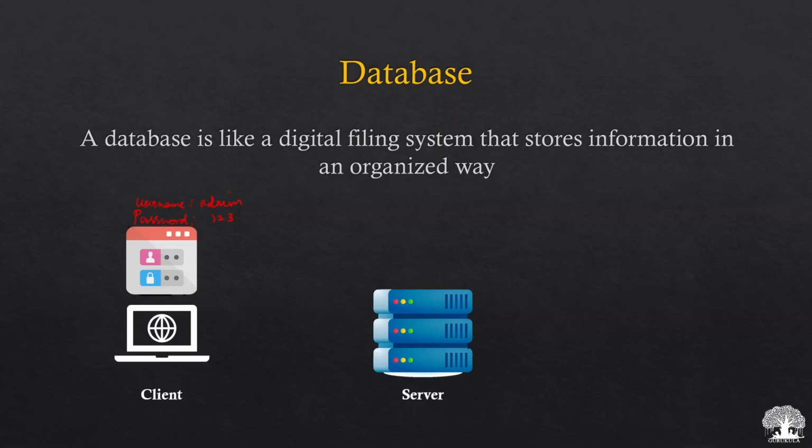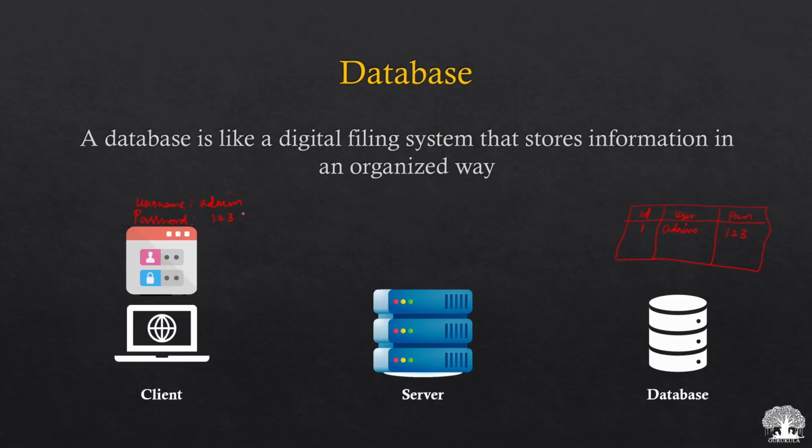In order to perform that validation, the server passes this information to a database, which contains all the entries of usernames and passwords in the form of a table. This table will have multiple columns: ID, username, and then password. So let's say the first ID belongs to username admin and the password associated with this user is 123.